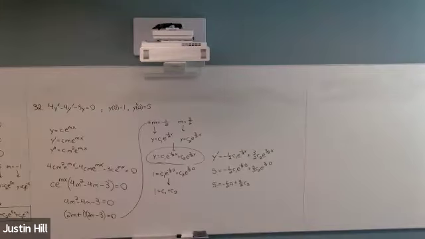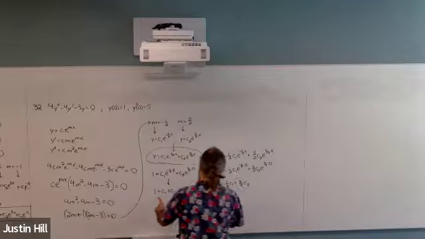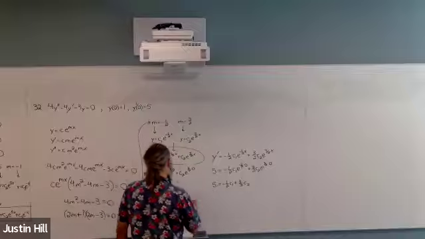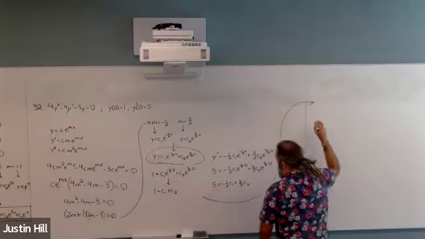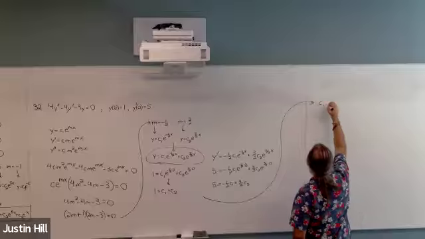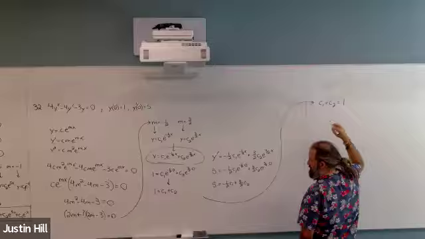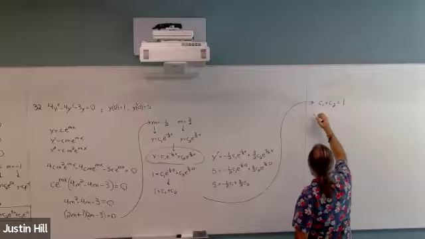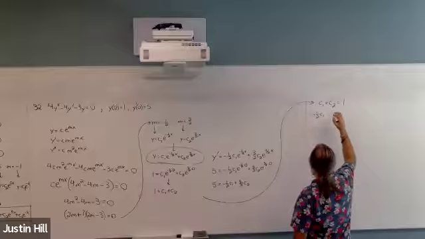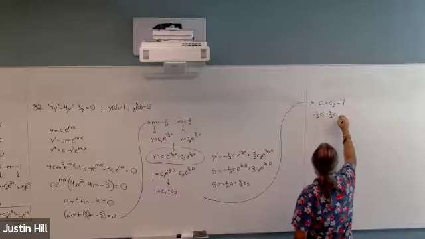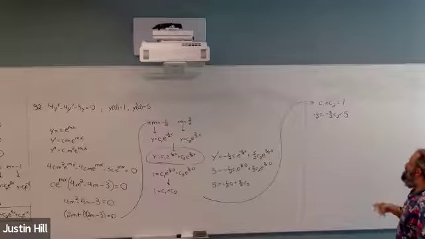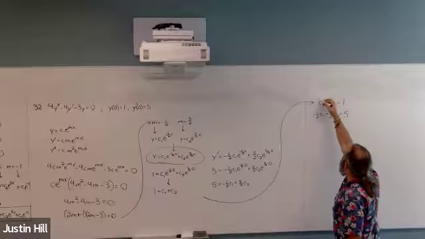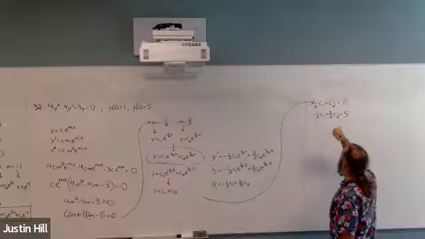All right, so we need to slap these two equations together and solve the system. So we have C1 plus C2 equals 1, and -1/2 C1 plus 3/2 C2 equals 5. A lot of different ways to go about this. Probably the easiest way is to multiply the top by 1/2.